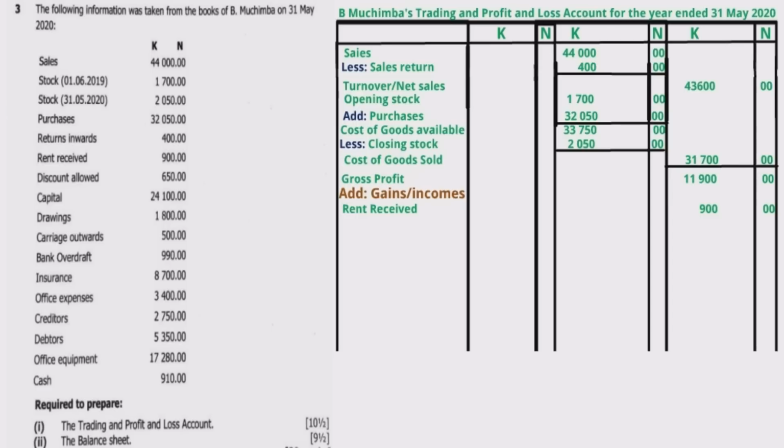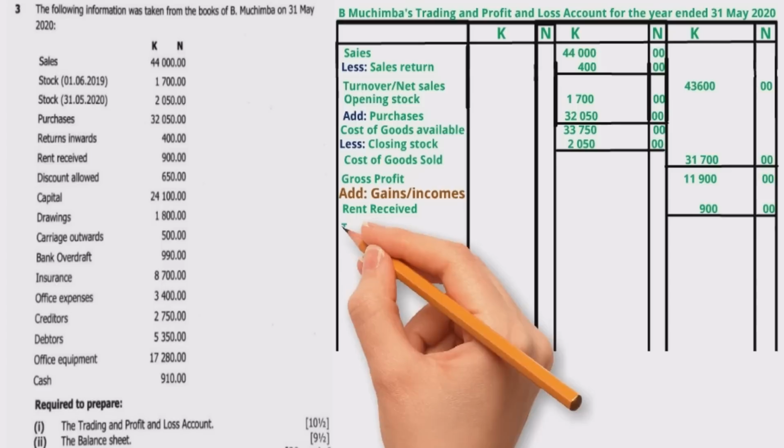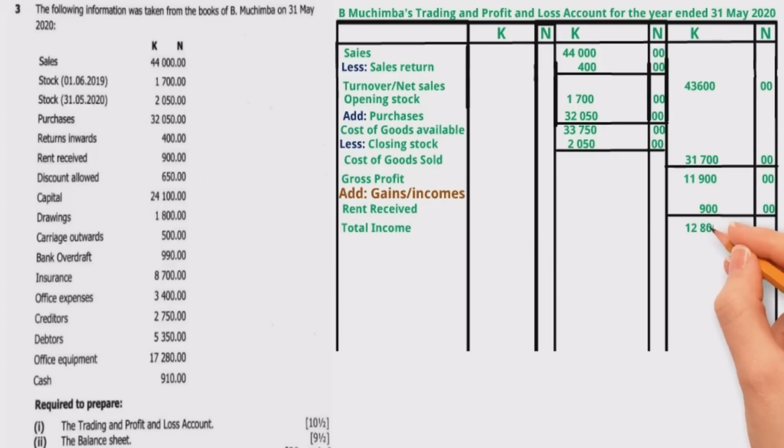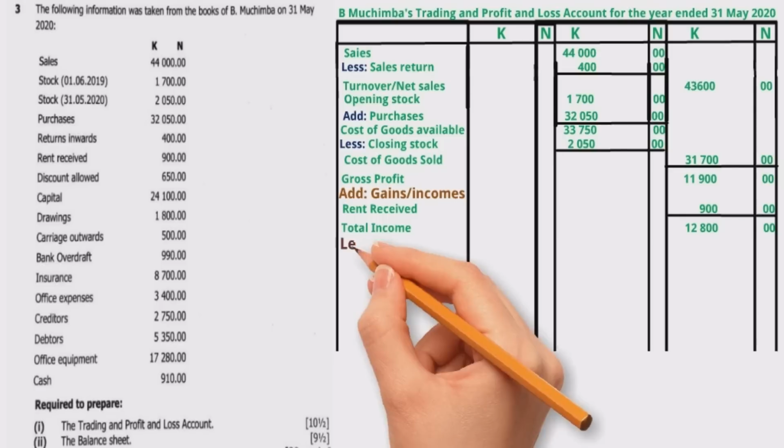So I'm going to add 11,900 plus 900 kwacha, which is the rent received, and it will give me 12,800. That 12,800 is the total income. So I'm going to write total income, that is 12,800 kwacha.